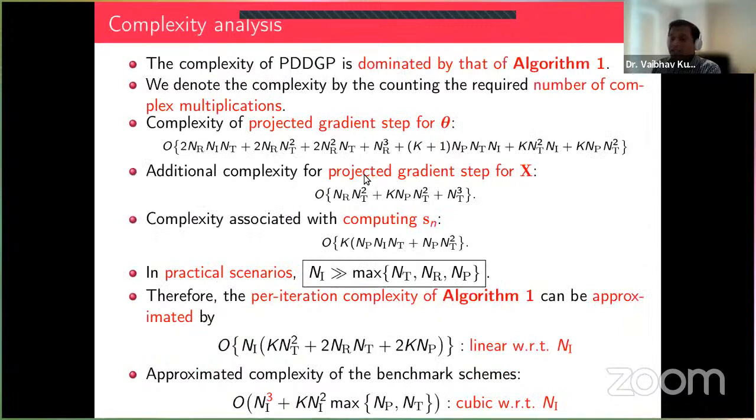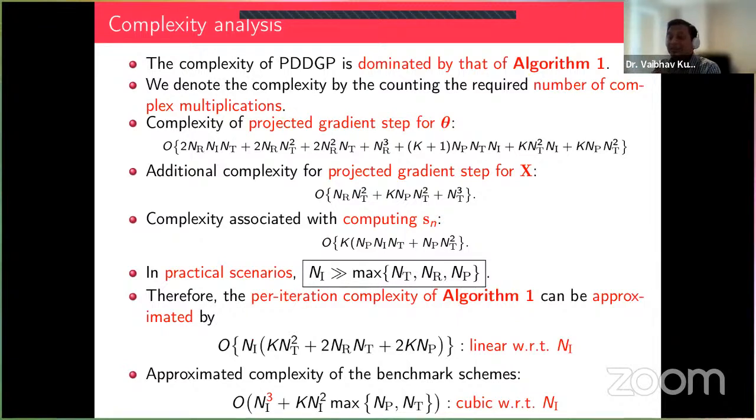Here we did the complexity analysis. I won't go into the detail, but I will just go to the practical scenarios. The papers that are coming out say that in order for these IRSs to be effective, the number of tiles in the IRS will be of the order of hundreds, or maybe some papers say thousands.